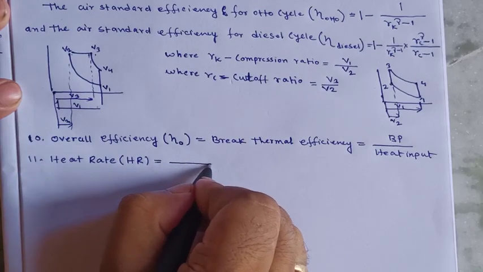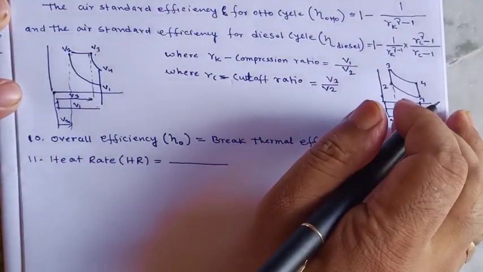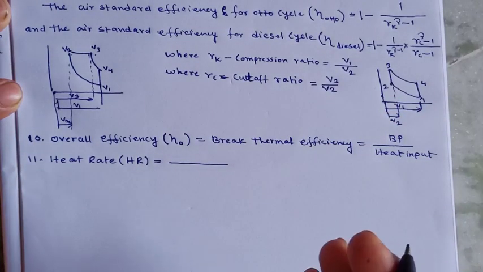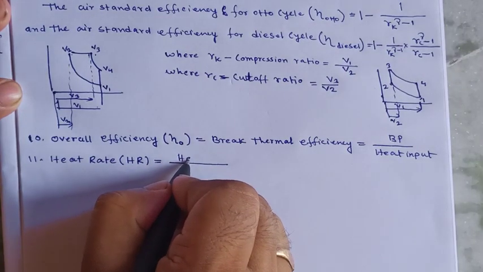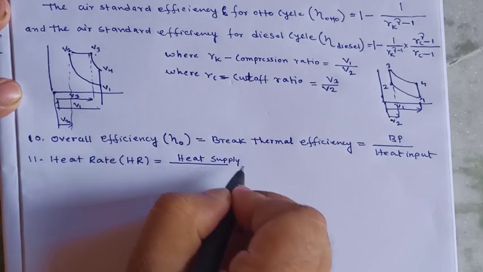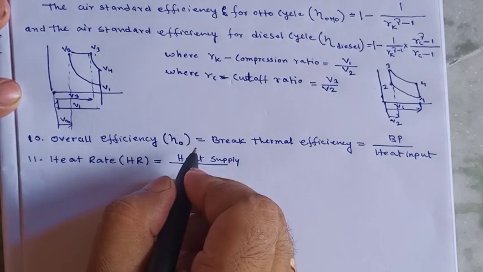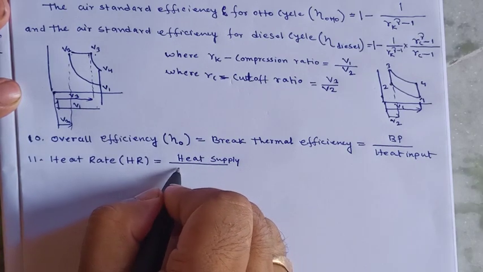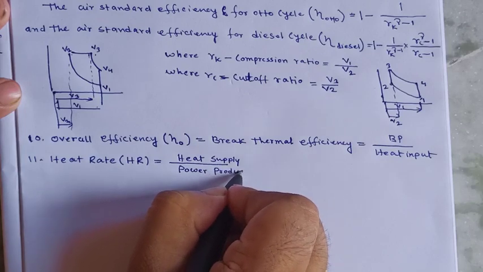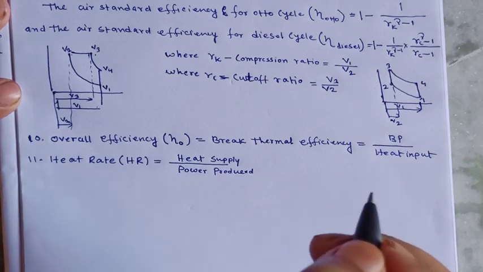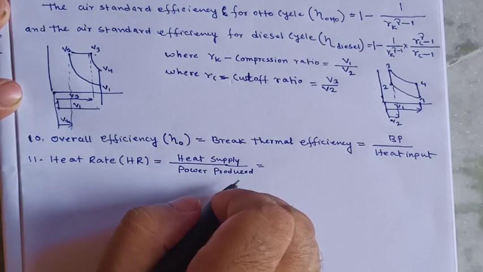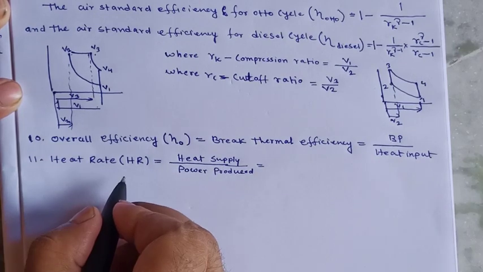This equals the amount of heat required to produce one unit of power. That is the heat supply. This is the amount of heat which is supplied with power produced. To produce 1 unit of power, how much heat is required? That is the heat rate.